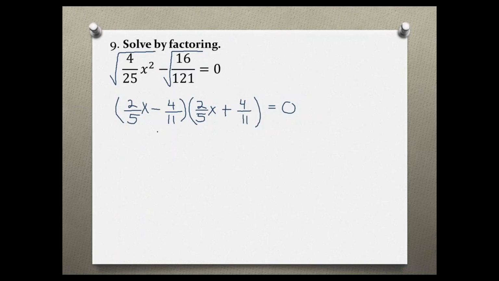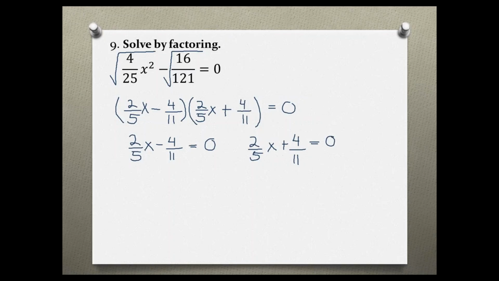And I'm done factoring. But because it's an equation, I need to find the two solutions. So I'm applying the zero product rule, taking the first binomial set and setting that equal to 0. And also the second one, so 2 over 5x plus 4 over 11 also equal to 0.